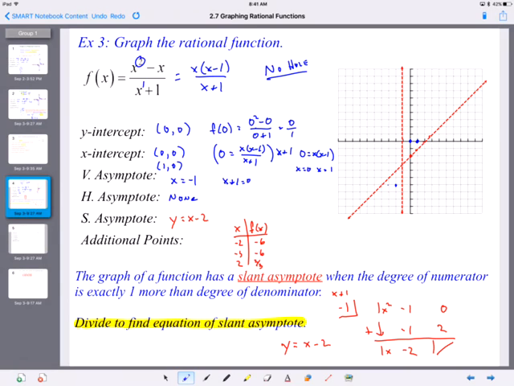We also have negative 3, negative 6, so it must go up and then come back down. And then I also did 2 2/3, which is somewhere there. So let's go ahead and plot that and graph that function.